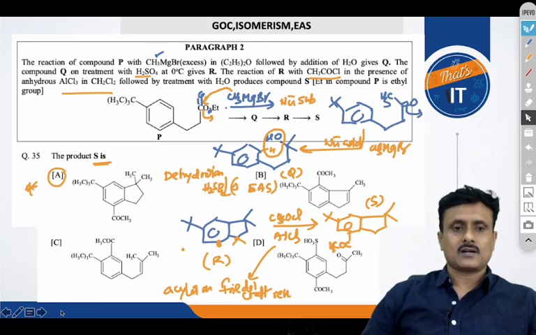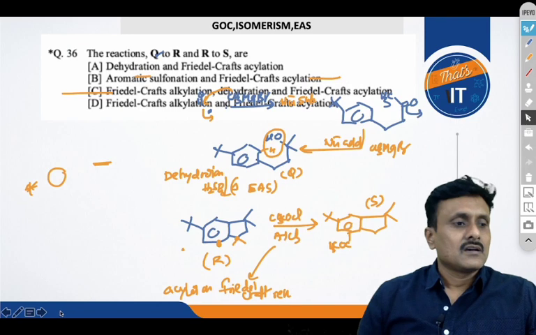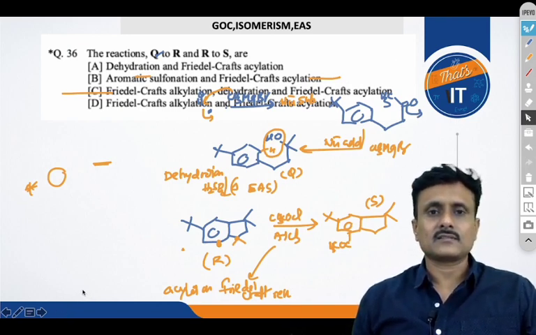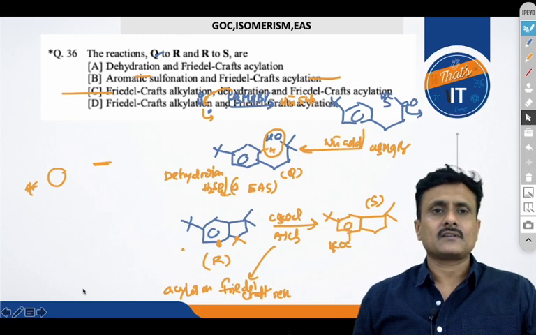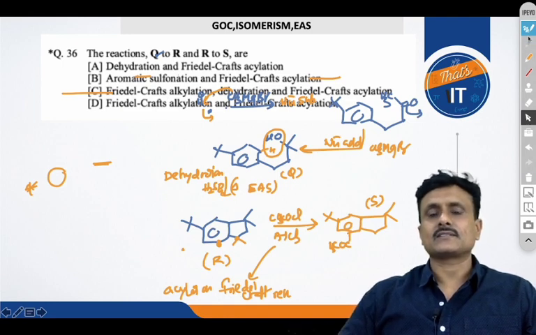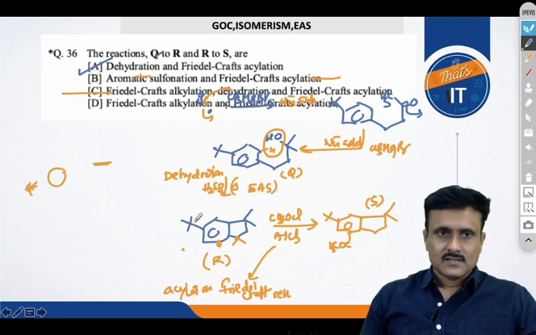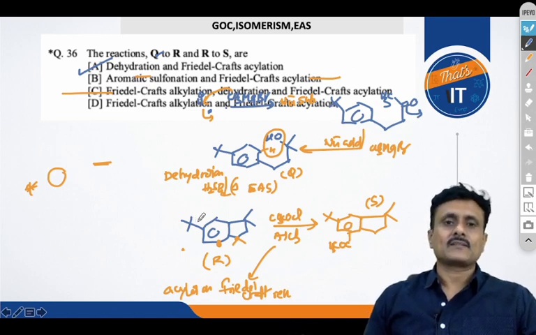R to S is Friedel-Crafts acylation, dehydration and Friedel-Crafts acylation, isn't it? So the right answer for this question number 36 is option A, right?